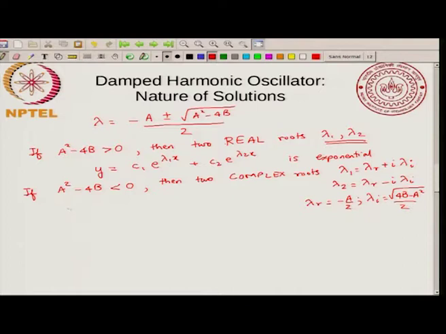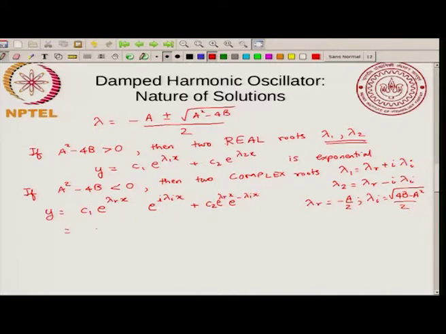Then I can write my y as C1 e to the lambda real times x, and then e to the i lambda I times x, and for my second function, C2 e to the lambda r x and e to the minus i lambda I x.